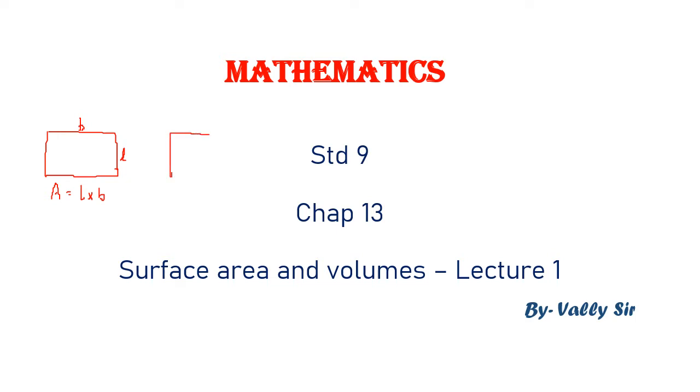For a square, the sides are equal, L and L are equal, so the area of the square is L square. Then you also know about the circle. The area of the circle is pi r square, where r is the radius of the circle.